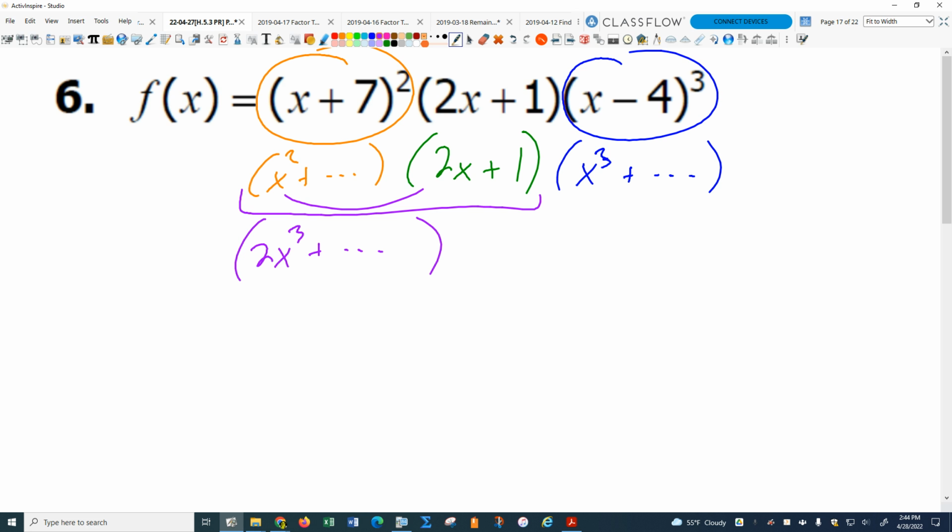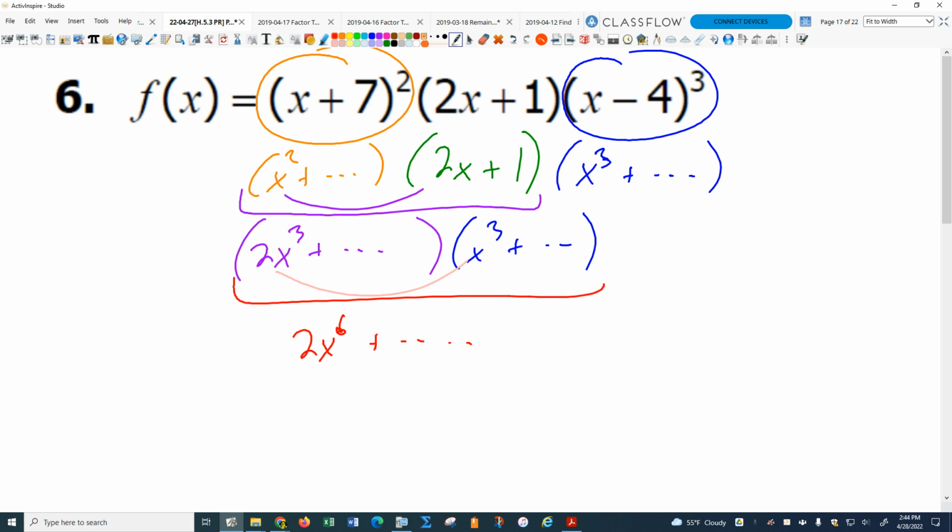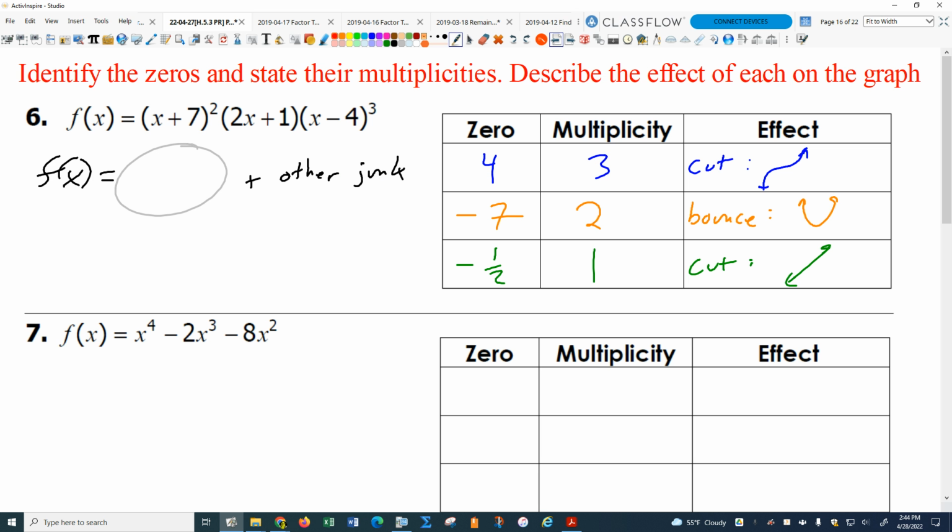Okay, and when I multiply that by the blue one, which is x cubed plus stuff, now what am I going to get? Yeah, I'm going to get 2x to the 6th when I make that distribution. My leading term is going to end up being 2x to the 6th plus a bunch of other stuff, right? So then the leading term is 2x to the 6th.